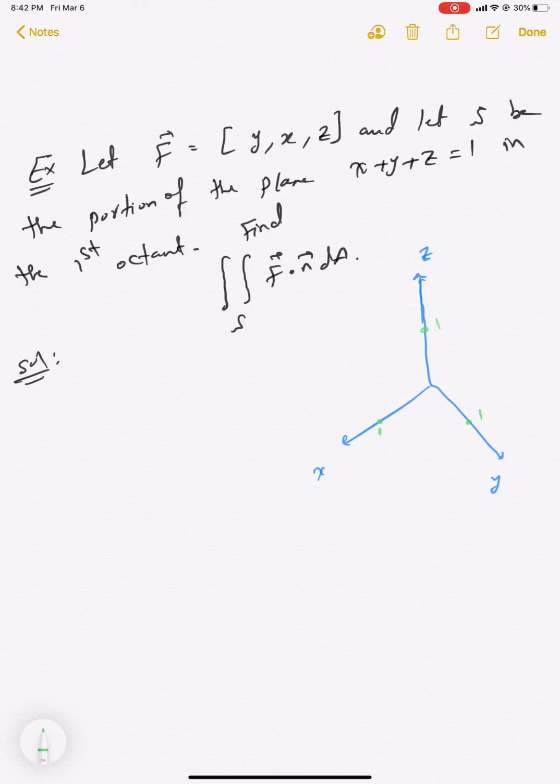The same for z is 1. So you have a plane passing through these 3 points. It's very clear it's like a slanted plane. But we're interested in this plane only in the first octant. And remember, the first octant means x, y, z are bigger than or equal to 0. So if you agree, you will get something like this. The portion of the plane will be something like this, which is just a triangle.